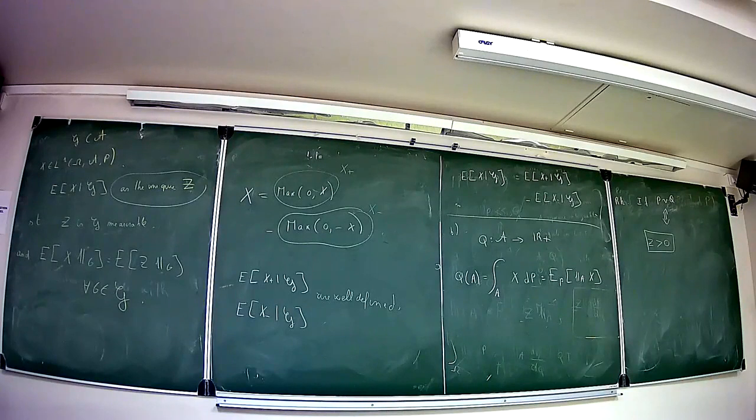Why is Q bounded? It's an integral over A. No, Q is bounded means that Q of A is less than something for any A. What you say here is that Q is well defined.